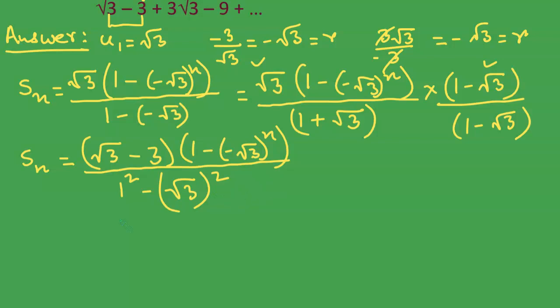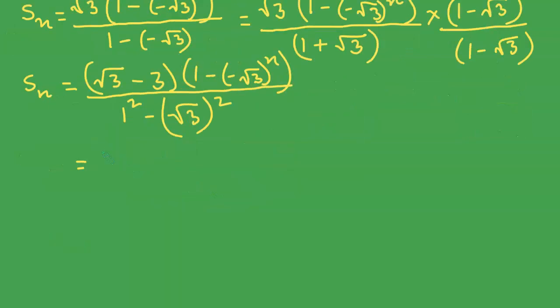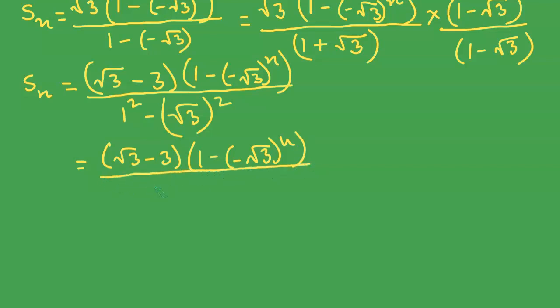So this is equal to, I keep the numerator as it is, 1 minus root 3 to the power of n over 1 minus 3, which is equal to negative 2. And I don't want a negative 2 to stay in the denominator, obviously.